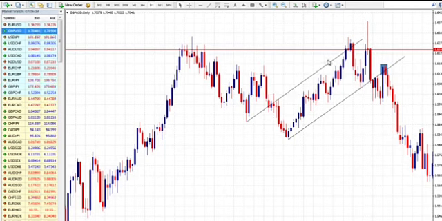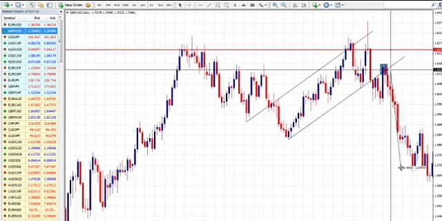And you can see that we clearly rejected it, tested it, which is now the top of the channel, before coming up and rejecting this area of resistance, the top of the channel, and finally the breakout, the retest, and the flush.